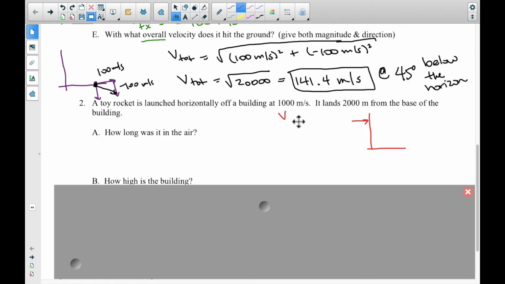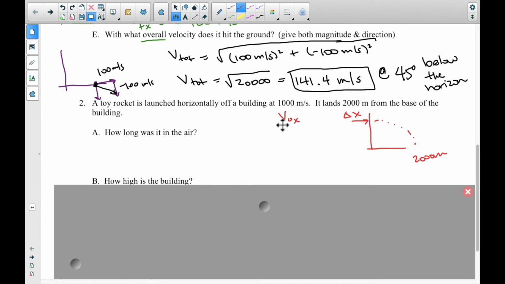So that is our initial velocity in the x direction. And then they tell us it lands 2,000 meters from the base of the building. So this time we don't know the time, but we know if this was just distance, just a drawing, that this would be 2,000 meters away. So the question is, how long was it in the air?